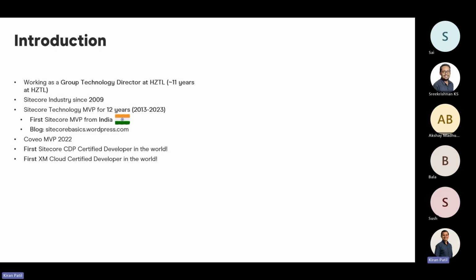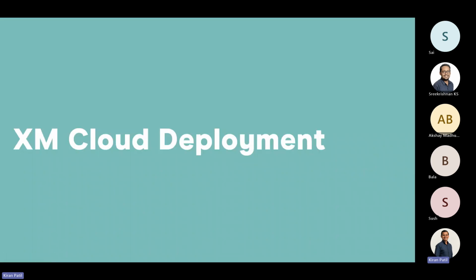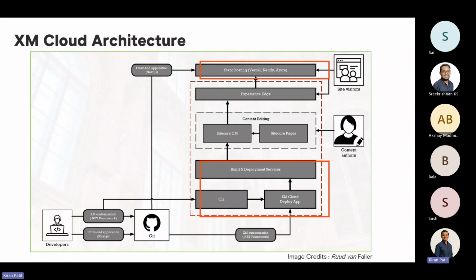I have been a Sitecore Technology MVP for 12 years, the first one from India, and I blog on this URL. I have also been a Coveo MVP, and one of the first few people certified on CDP and XM Cloud. So that's about me. Let's talk about XM Cloud deployment.